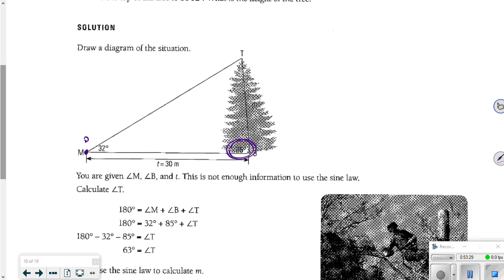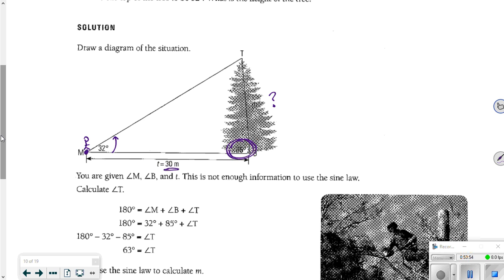So here's little Miguel. He's 30 meters away. And when he looks up to the top of the tree, the angle of elevation from the ground up to his line of sight to the top of the tree is 32 degrees. We're trying to find how tall the tree is. So we want to know this side over here.